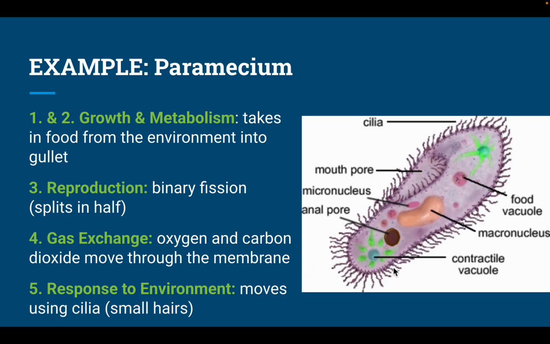There are all these little hairs around the outside of the cell, and they are called cilia. They wiggle all around, and these allow the paramecium to swim. So they all move around and let that paramecium swim through the water to catch food or to try to get away from predators that are going to eat the paramecium.